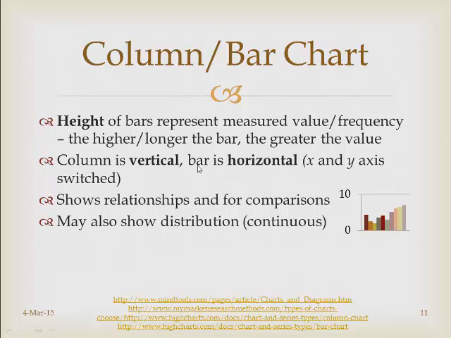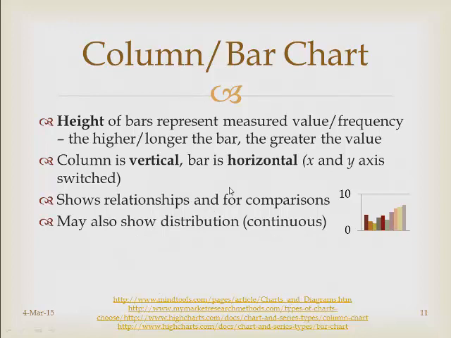The bar chart is actually horizontal, where you see the bars horizontally. So the only difference is that the x and y axes are switched between the column and the bar chart. So for a column, y is here, x is here. For the bar chart, it is x here and y this way.